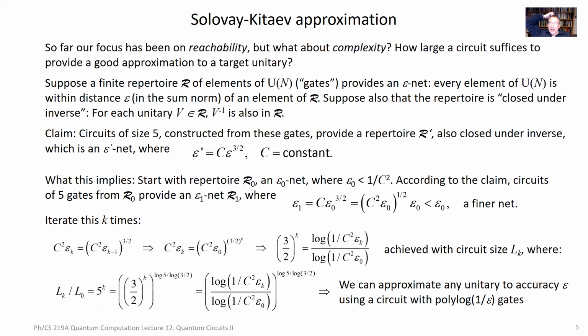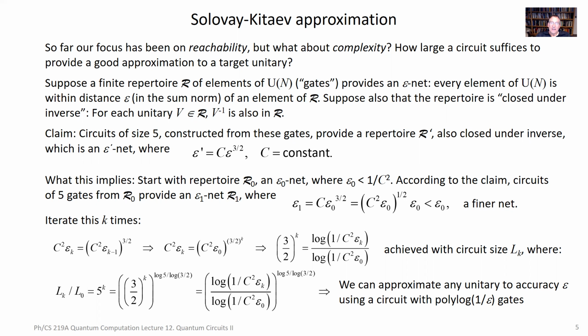And we'll have a finer net using the circuits of size 5 constructed from the repertoire than the net that we began with. So I'm going to show you in a minute that it is possible to get an order epsilon to the 3/2 net from circuits of size 5 from the original repertoire. But let's first see what it implies.